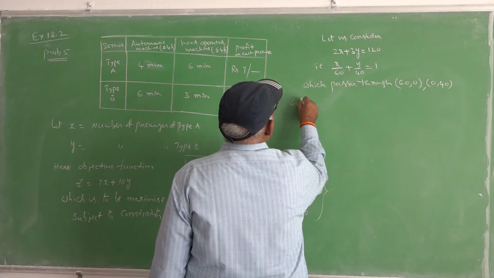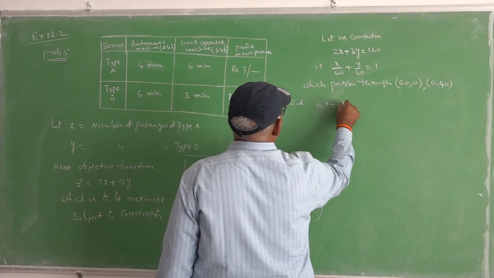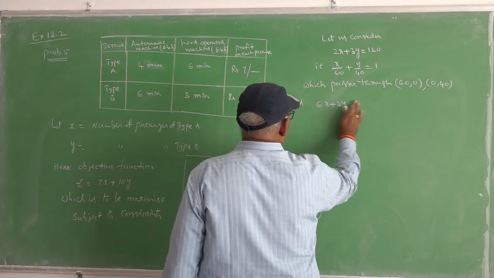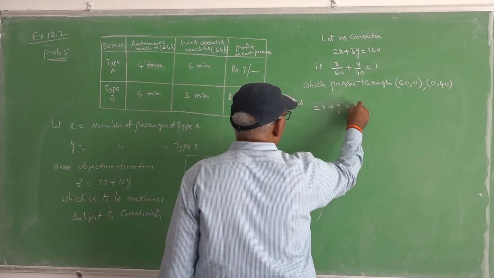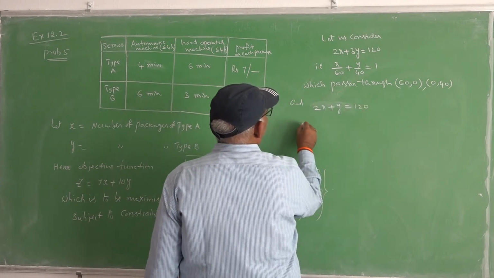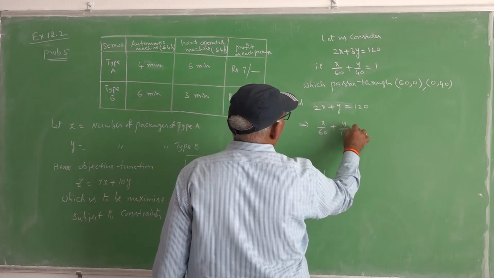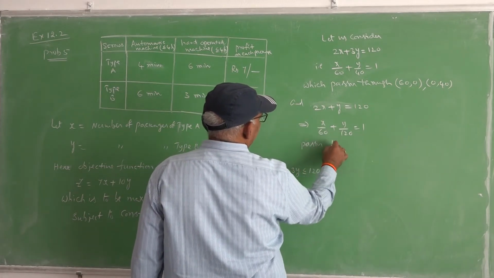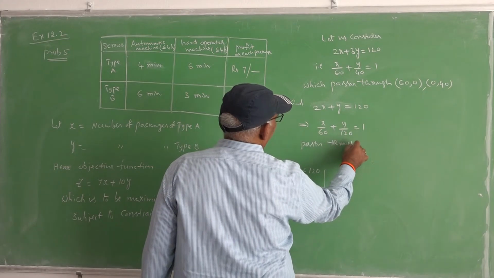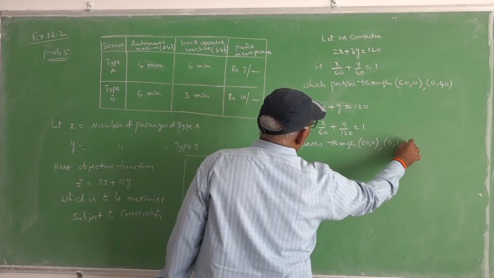And similarly, the other one is 2x plus y equal to 120, which implies x by 60 plus y by 120 is equal to 1. This one passes through 60, 0 and 0, 120.